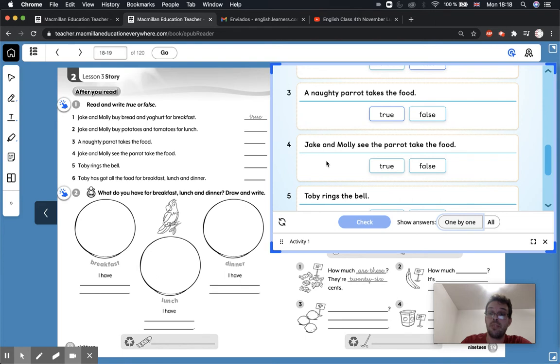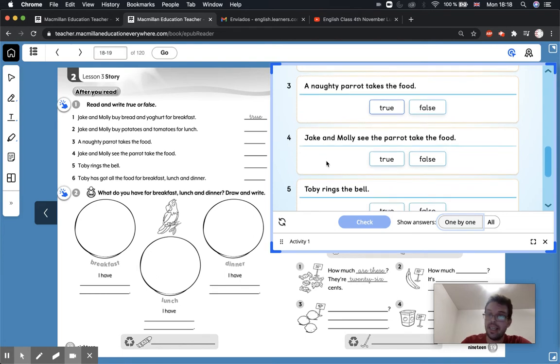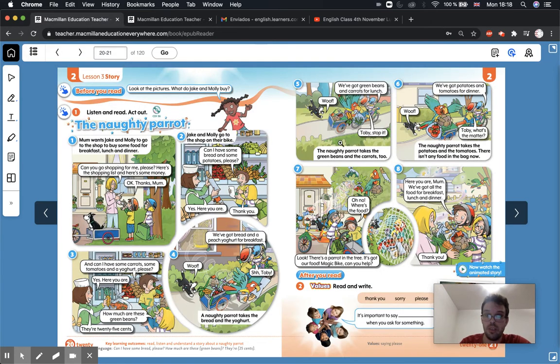Number 4. Jake and Molly see the parrot take the food. Okay? Jake and Molly ven el pájaro cogiendo la comida. Is that true or false? Let's have a look.